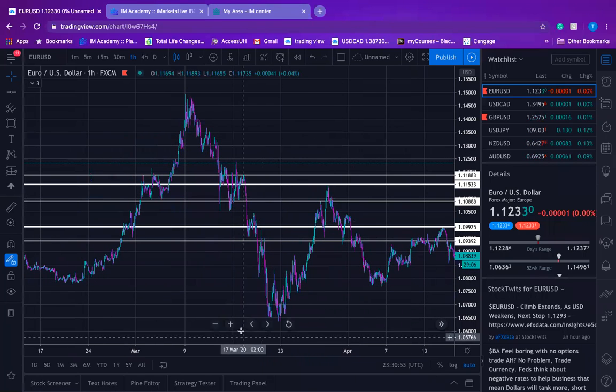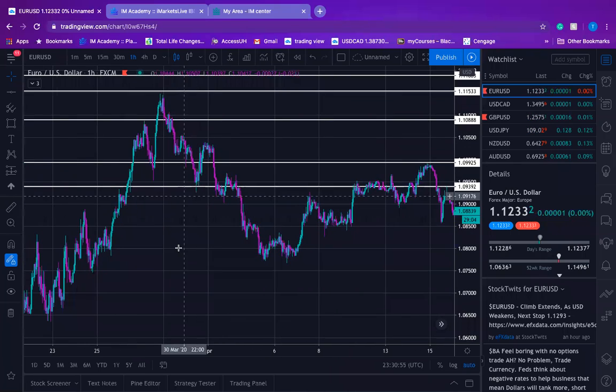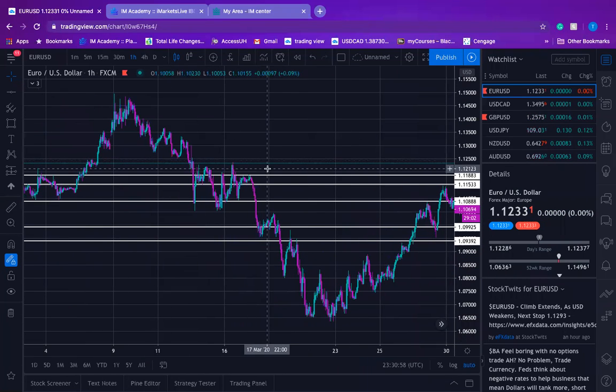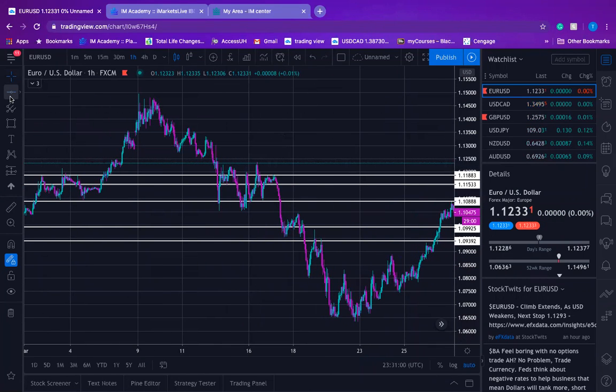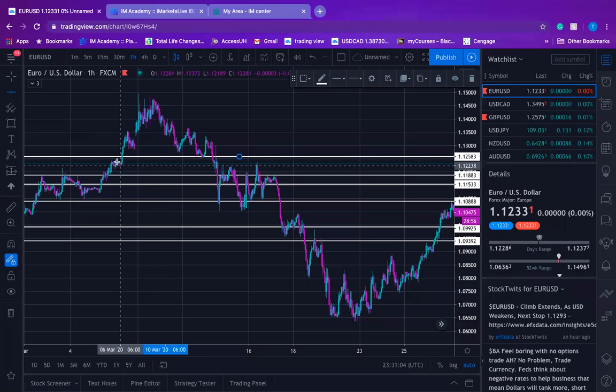So I'm going to mark some zones from up here. Let's look, we got one. I have a ceiling right here, floor right here, floor, ceiling, floor, ceiling.